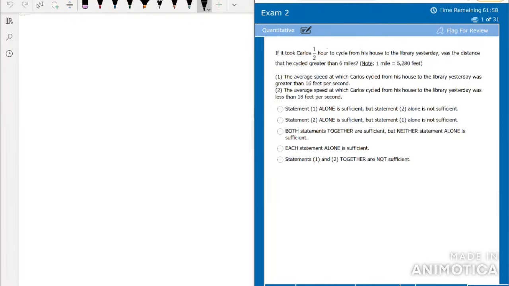Okay, so translating: it took Carlos half an hour to cycle from his house to the library yesterday. Was the distance, so we've got t equals a half, d greater than 6 miles, question mark, and 6 miles is going to be, well, 1 mile is 5,280, so is d greater than 680 feet? 28 times 6.